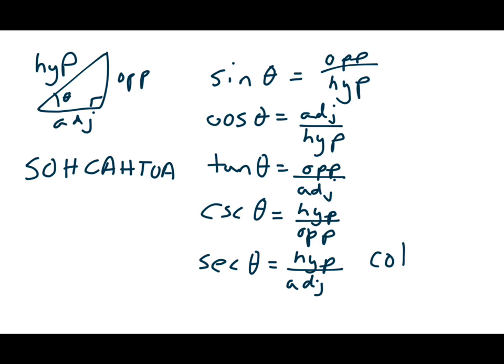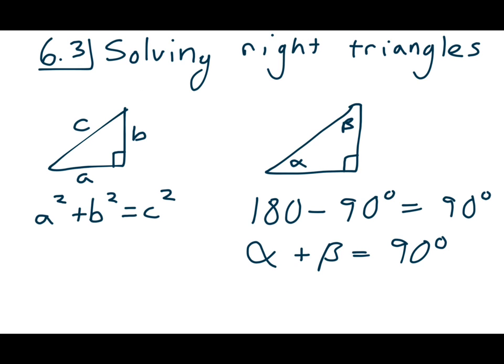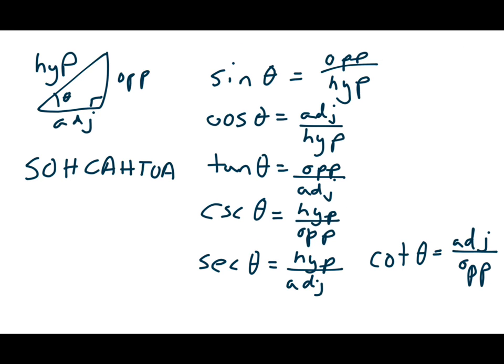And cotan is adjacent over opposite. Okay, so what we're going to do is use these three facts here, the Pythagorean theorem, the sum of interior angles, and all of our trig functions to solve for right triangles. So let's look at an example.